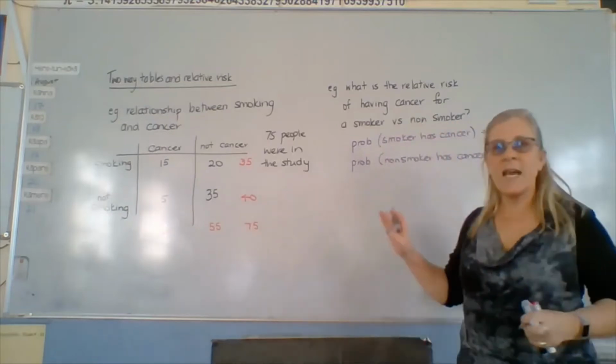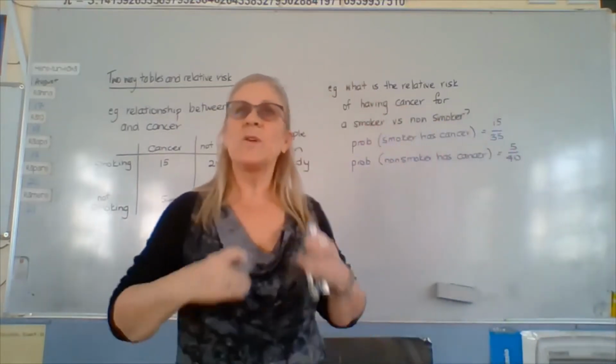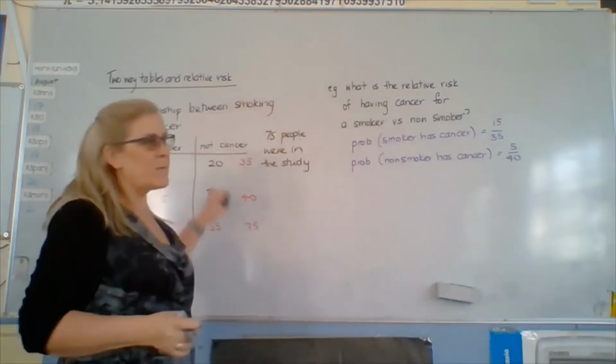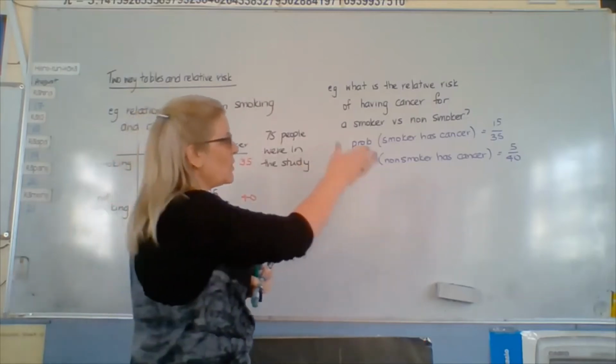If you have the same denominator here, you probably need to relook at it, because most of the time it's two different things and therefore two different denominators. So those are the probabilities.